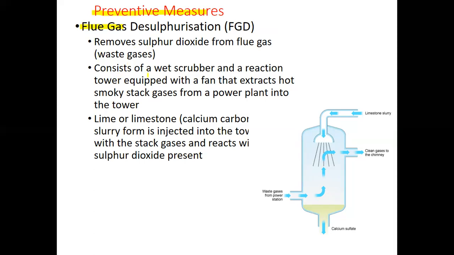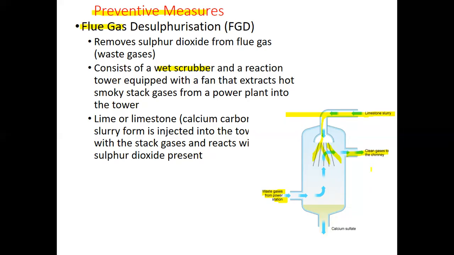Okay? For that we can use a wet scrubber. So this is a picture of a wet scrubber. Here you can see the waste gases or flue gas enter at the bottom of the vessel, and the limestone slurry is coming and uniformly distributed at the top of the vessel. Then you can see the clean gases going out from the chimney.